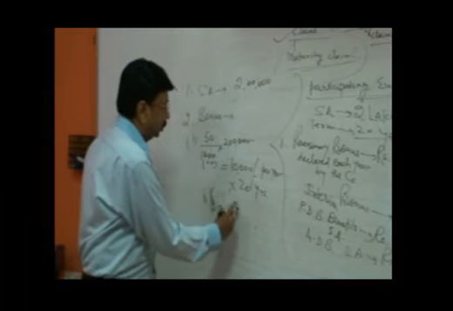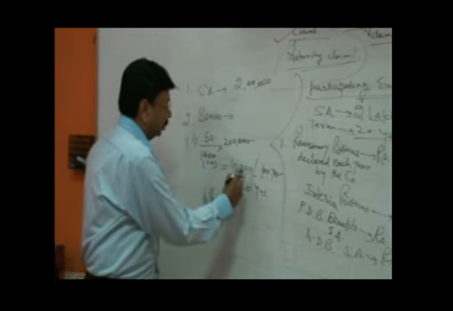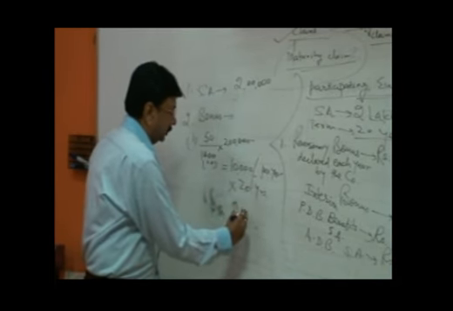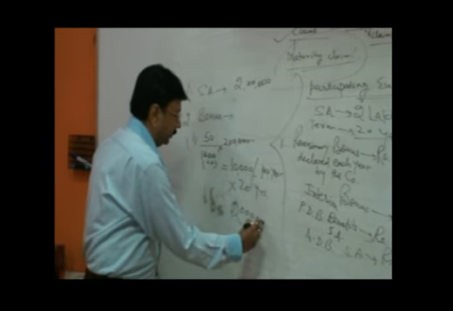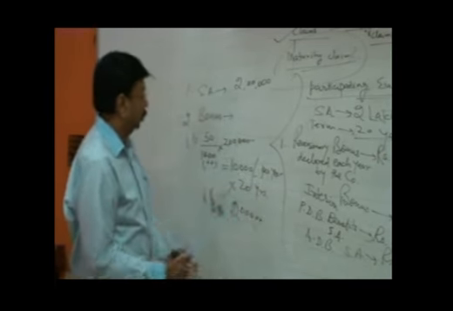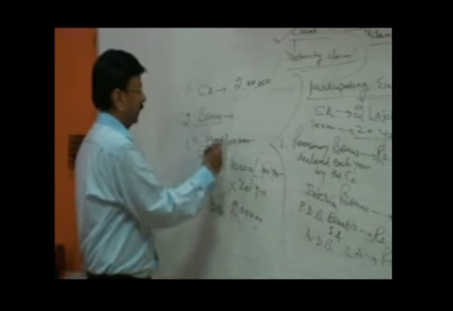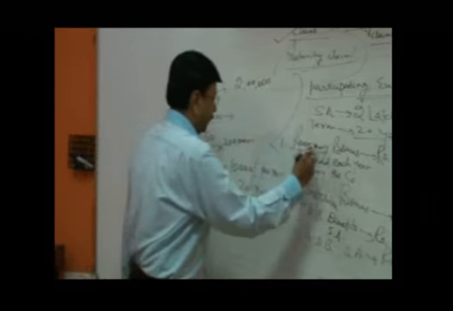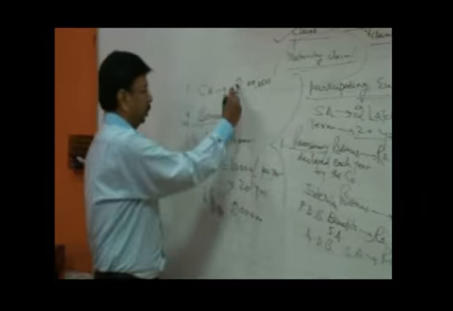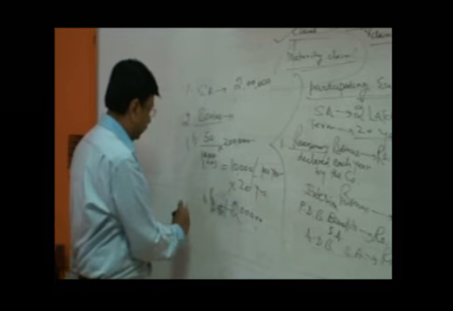So this is 2 lakh, the reversionary bonus. So the sum assured is 2 lakh plus the reversionary bonus 2 lakh.